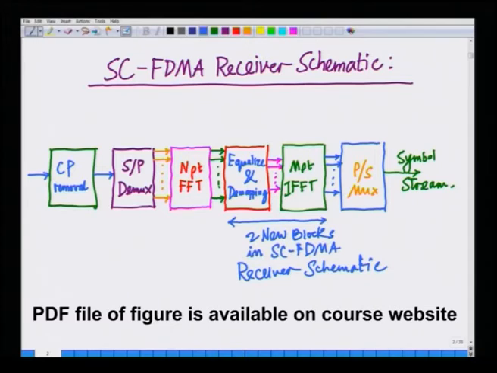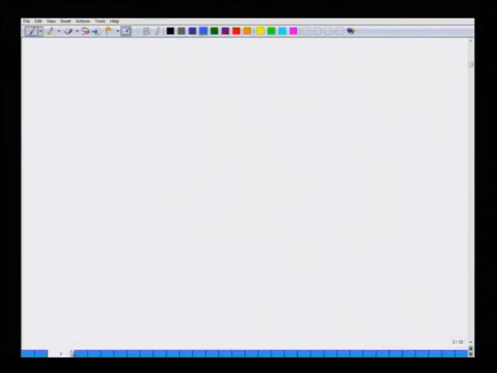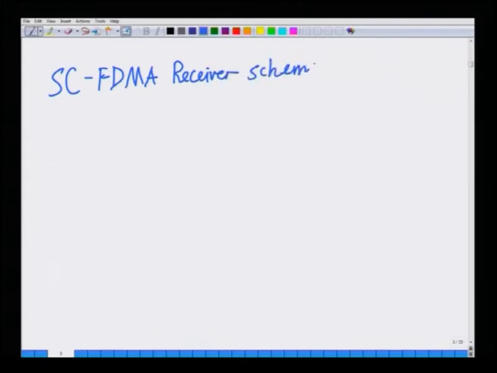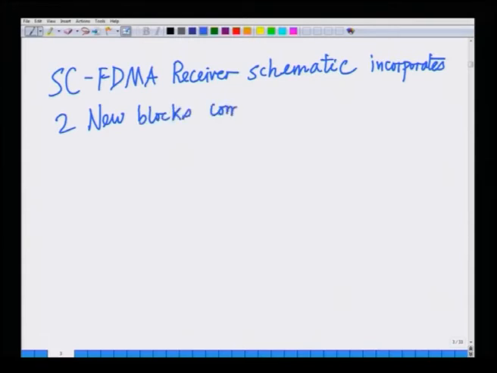So the SC-FDMA receiver schematic incorporates two new blocks compared to the OFDM receiver.